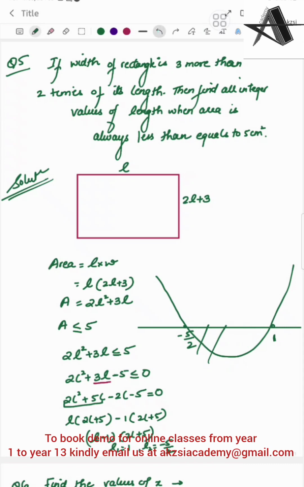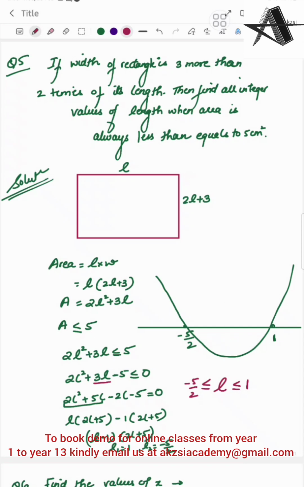That means L will be between negative 5 over 2 and 1. But there is a catch. Length can never be negative. It can only be positive.